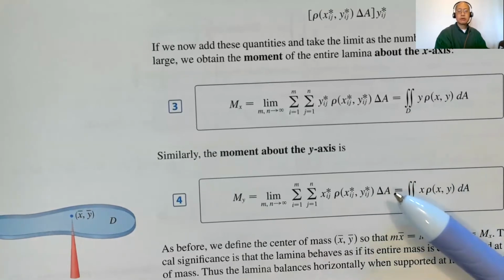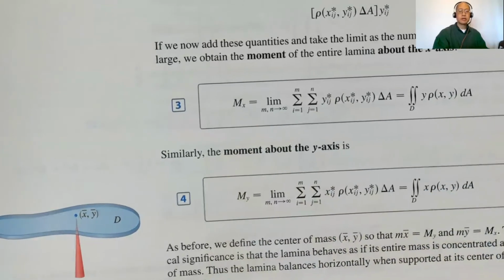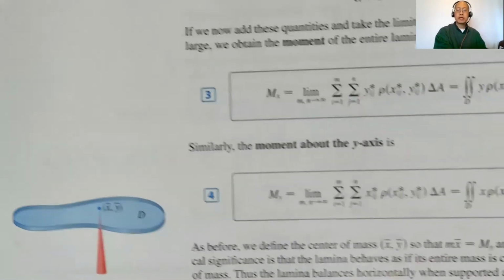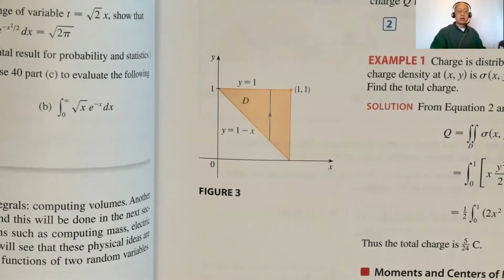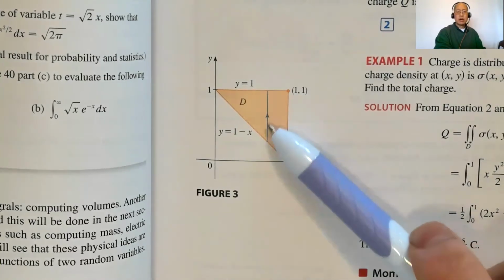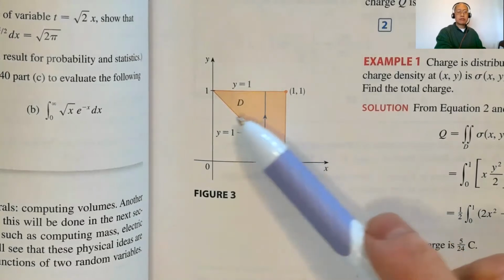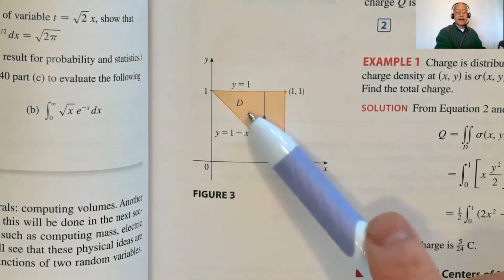This might seem kind of counterintuitive, where for m sub x you use y and for m sub y you use x, but it actually makes sense. We're talking about the moment, or the tendency to rotate about the x-axis. So if you think of the tendency to rotate about the x-axis at any given point, let's say over here, well, this distance is y. And likewise, if you're talking about the tendency to rotate about the y-axis, this distance that I'm pointing out is x.